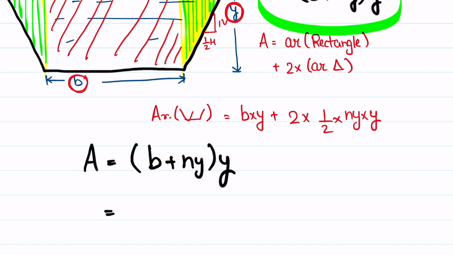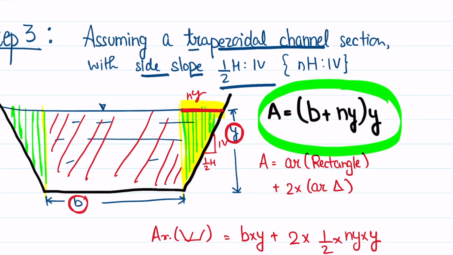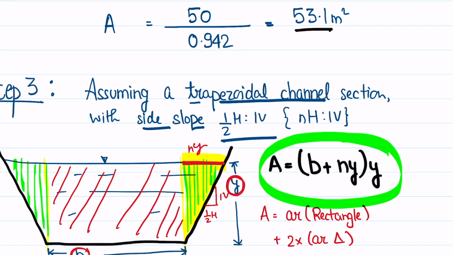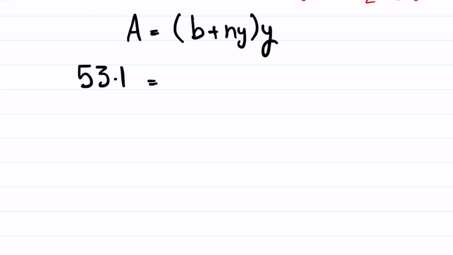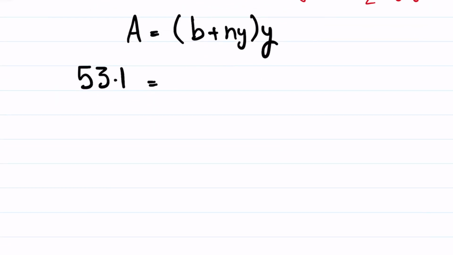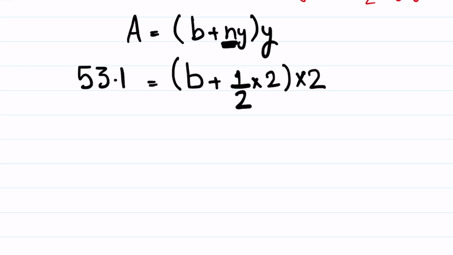Width, what is the width given to us? We don't know. What is the area? We have found it in step 1. Area is 53.1. So we have 53.1 equals b, that is the width, into n, which is half, into y, which we have assumed to be 2 meter, into 2.